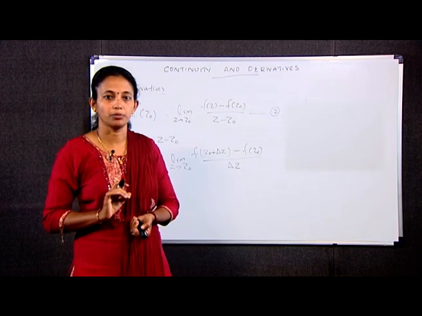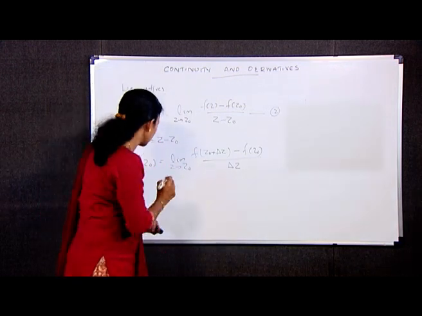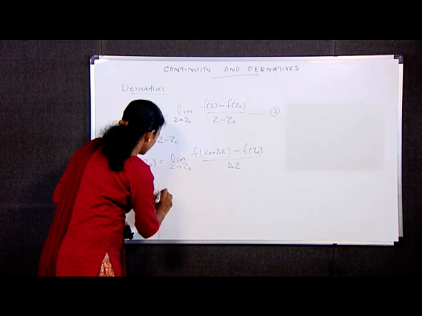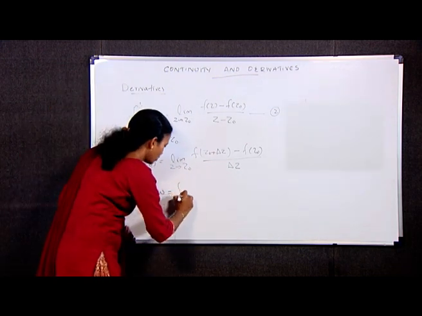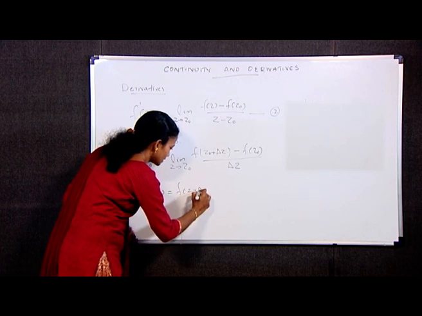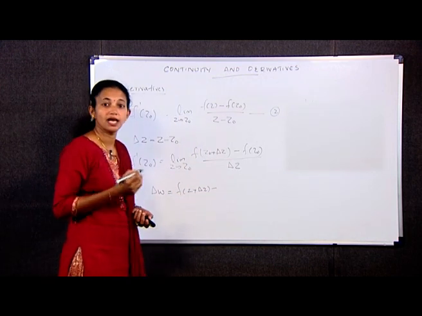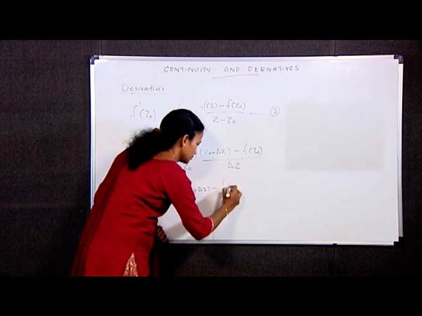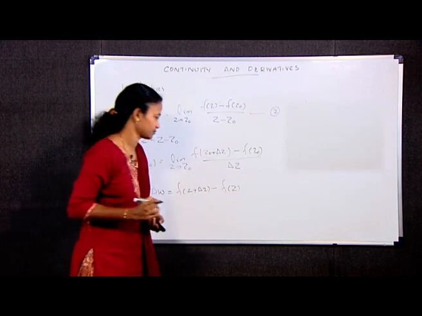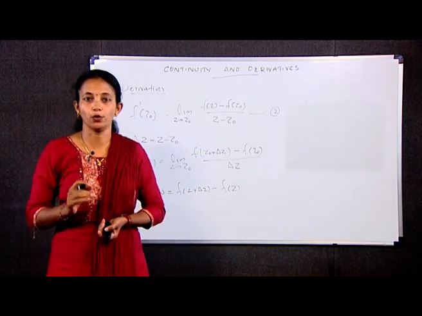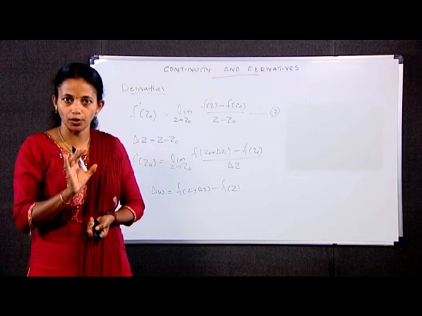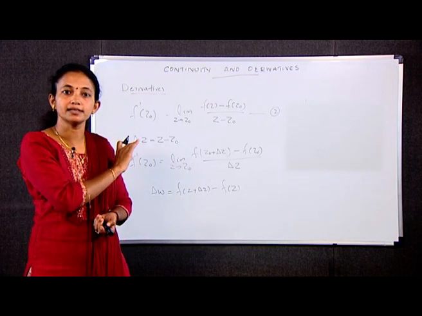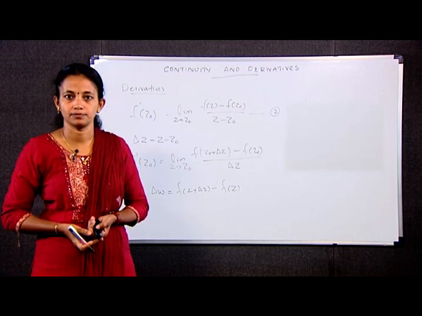We introduce the number delta w, which is equal to f(z plus delta z) minus f(z), which denotes the change in the value of f corresponding to a change delta z in the variable z.